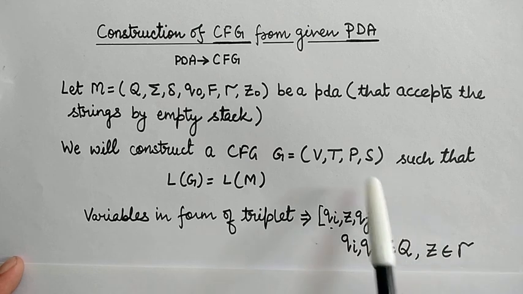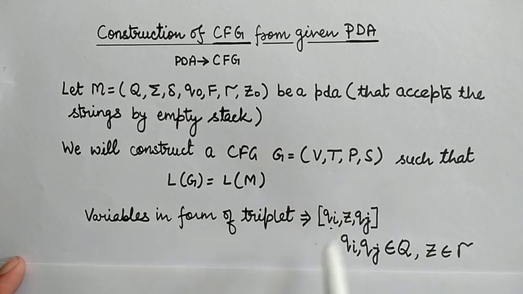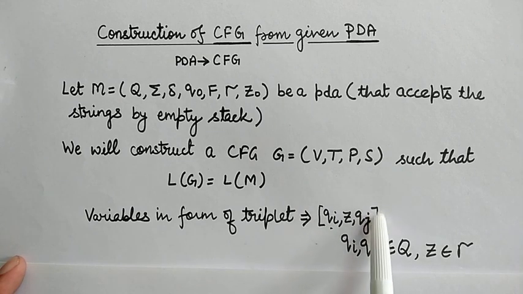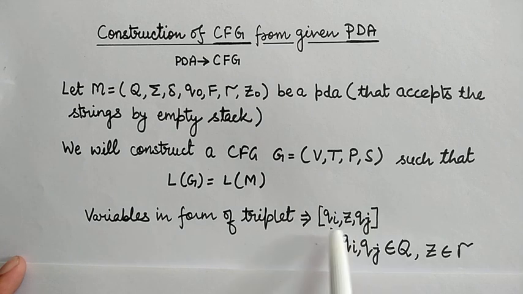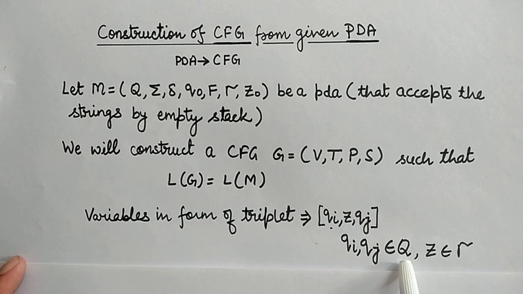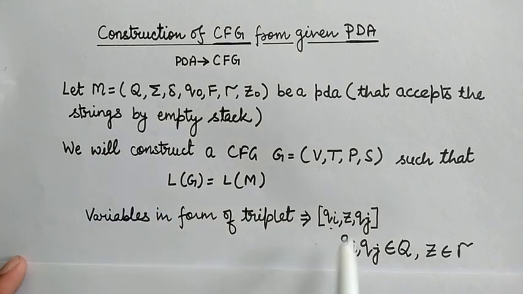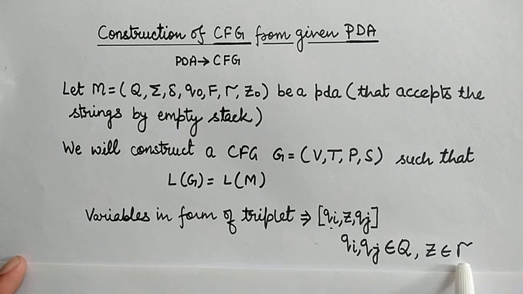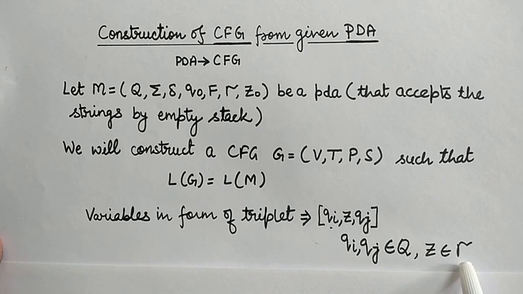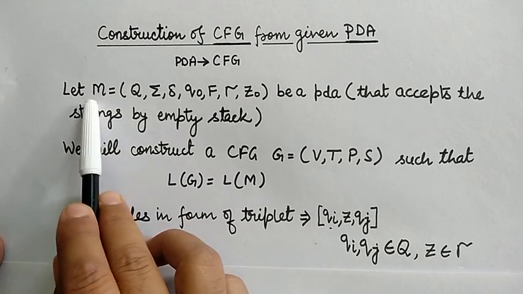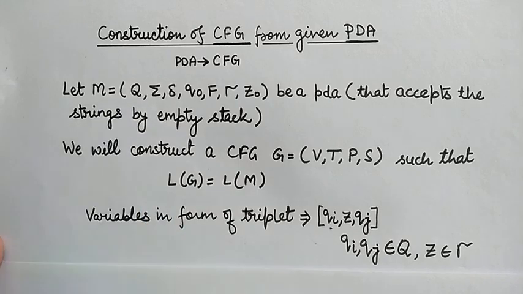That means except the start variable S, all the variables will be of this form. Two members are from this set Q, which is the set of states of the PDA, and this Z will be from the stack alphabet. And to construct the productions of the grammar G, we will use the transition rules given in this PDA M.